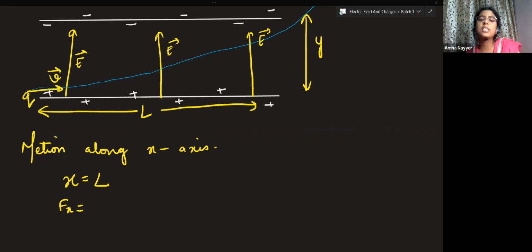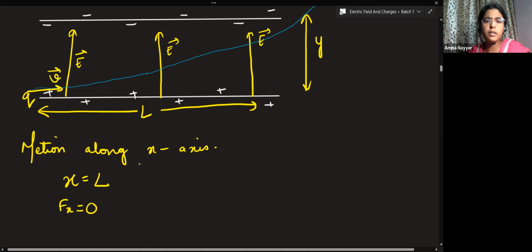See, all the forces are directed in the y-axis only, because the electric field is directed in the y-axis. So it means Fx will be 0. You don't have any force here. Just look in this figure also. Are you able to see any force? Only electric force exists, which is pulling it towards itself. This trajectory is possible because of electric force, which is directed in the y-axis. For the x-axis, we don't have any force. So Fx will be 0.